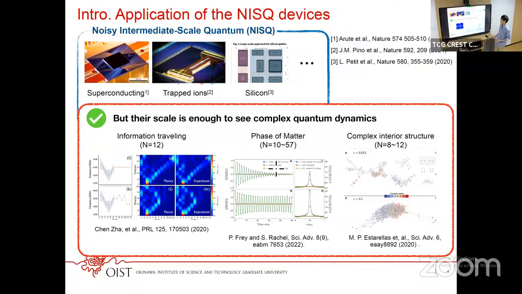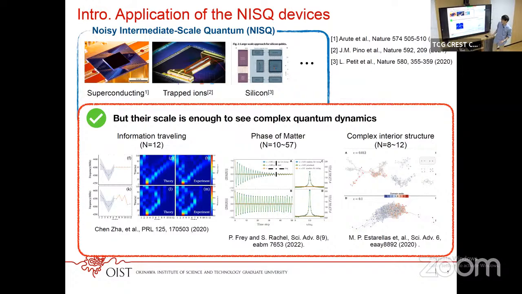And recently, Google submitted a new paper, and in this paper, they say that they made time crystals using 57 qubits. And this is not an experiment, but interestingly, it is known that even in small systems of around 8 to 12 qubits, it's possible to find interesting network structures in the quantum dynamics.